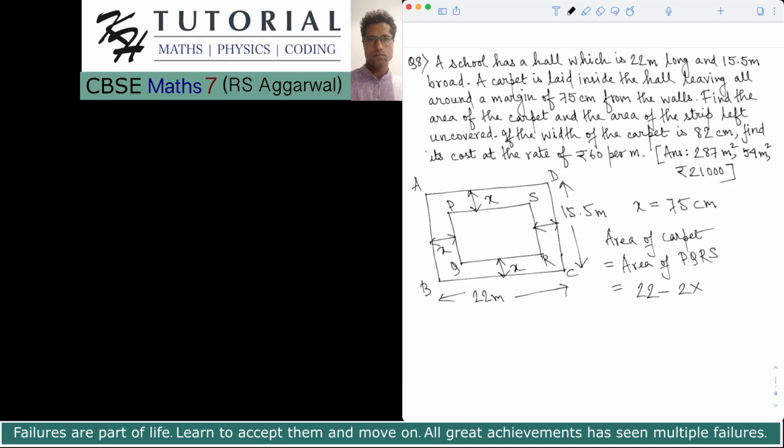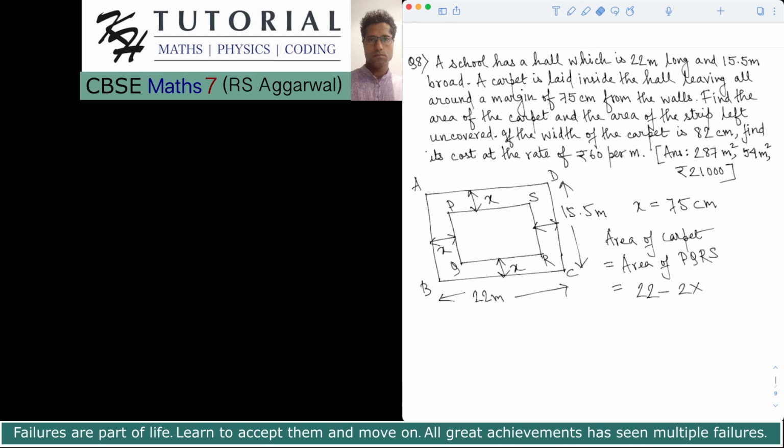Now the width of the margin is given in centimeter, 75 centimeter. So it is better we find all the area in centimeter square.